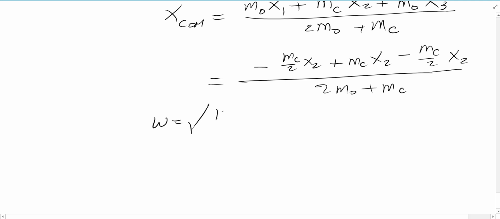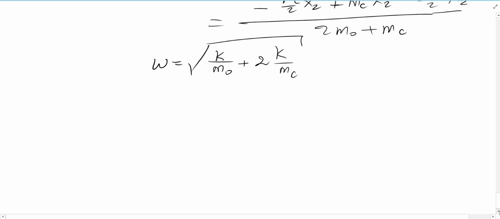be square root of omega naught squared, which is just K over the mass of the oxygen, plus 2 times K over the mass of the carbon. And if you want to express in terms of the reduced mass, you could too, because the common denominator is MO times MC.